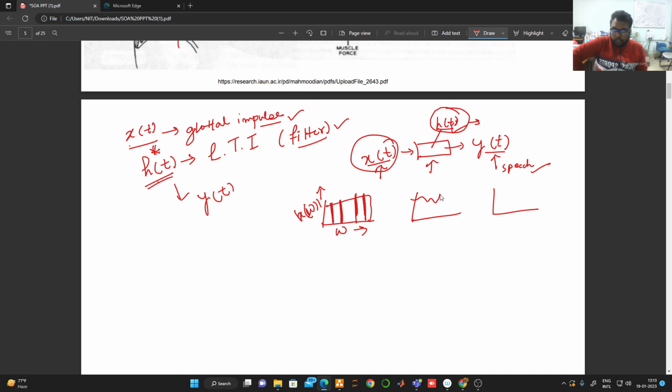So say this is something like this. Let me take H, and the symbol should be H of omega, and this represents the variation with frequency. Once we multiply these two, we get this speech. So it is something like this.